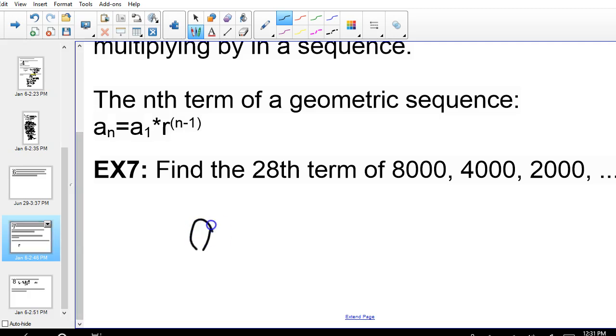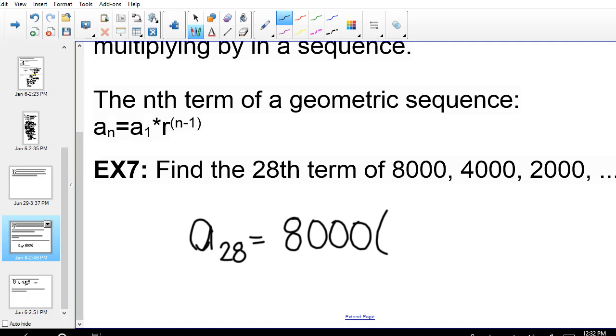So if I'm looking for a sub 28, I would take a sub 1, which is 8,000, times r. Now here's what's a little bit tricky. For a geometric sequence, it always has to be multiplying.